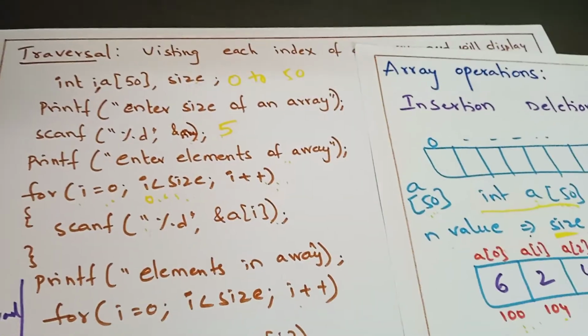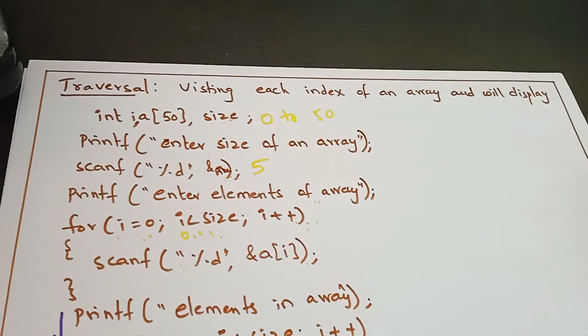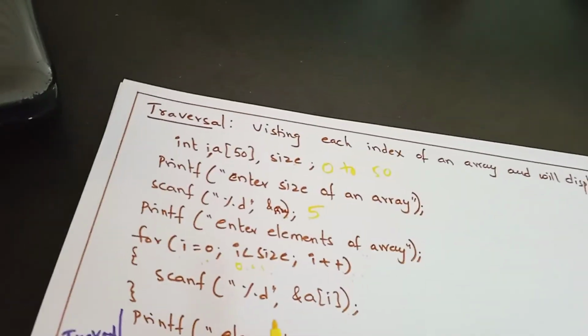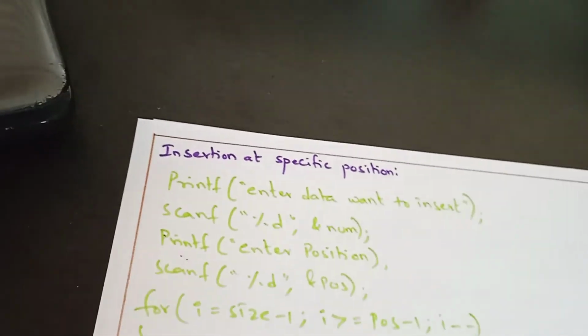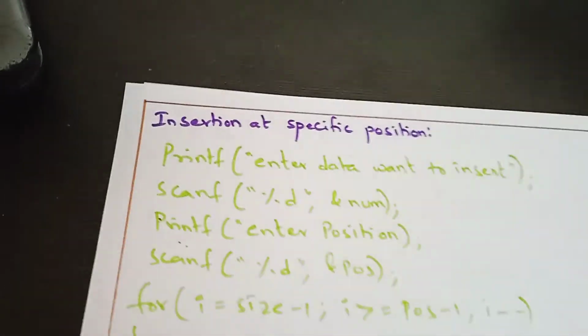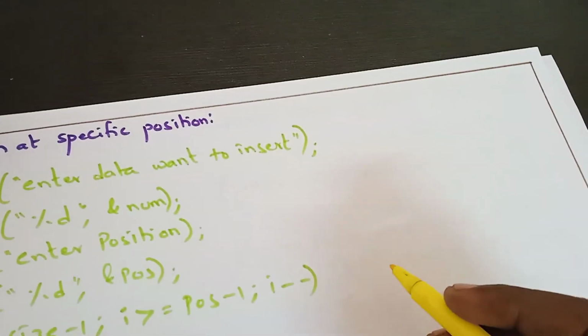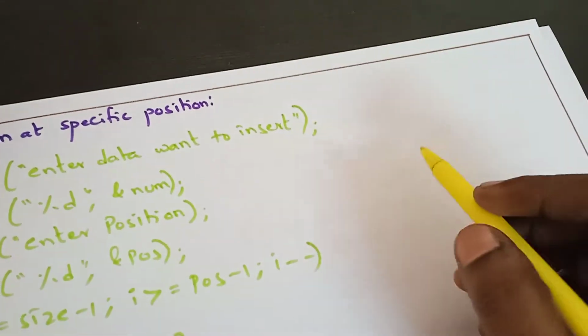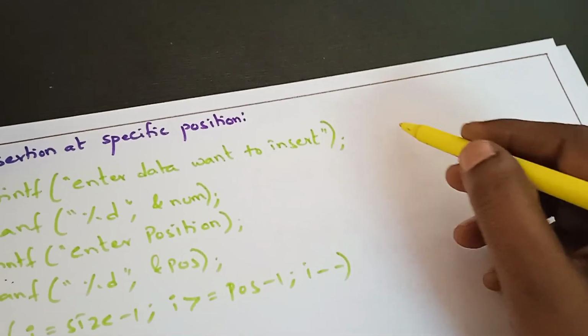Okay. Now let's talk about insertion. Right. Now let me give you an example. Most of us have the experience of standing in front of a queue at a counter.